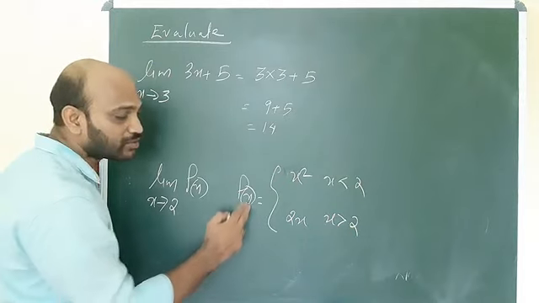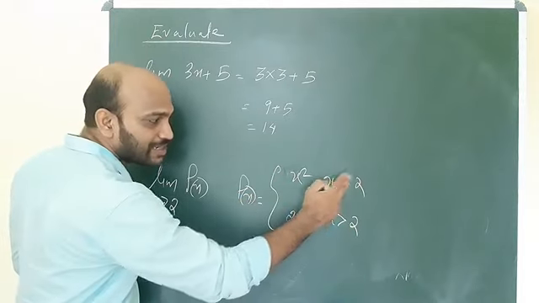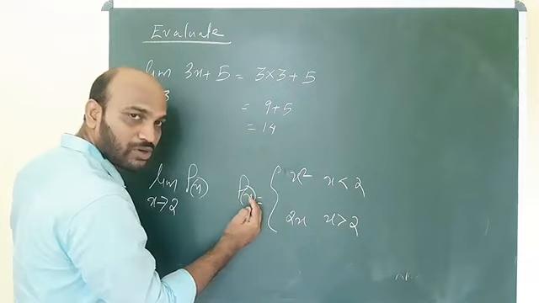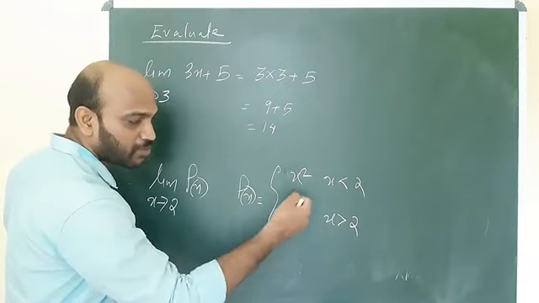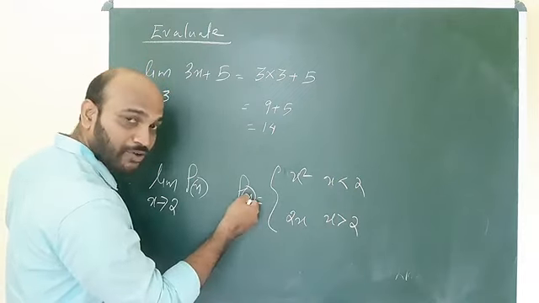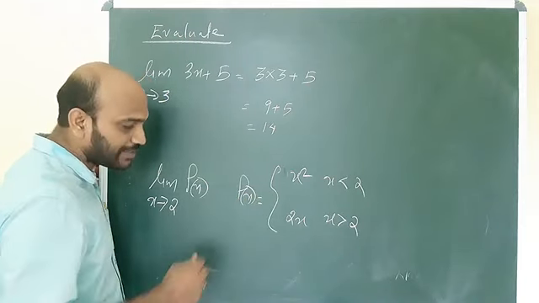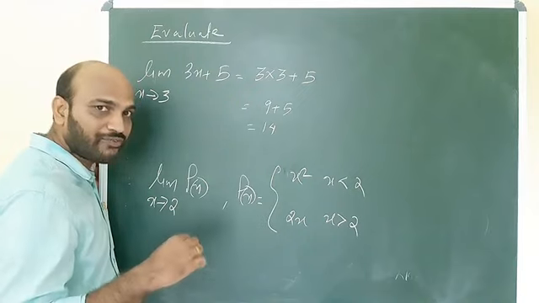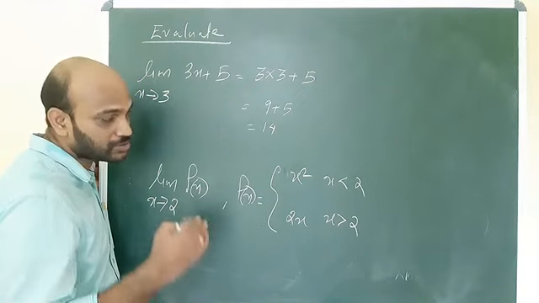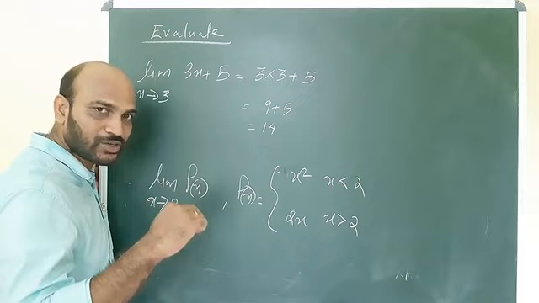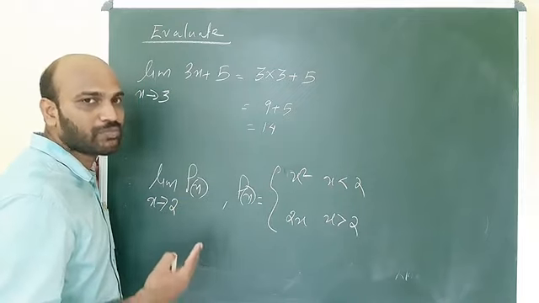Here, the function is having two values. When x is less than 2, we have f of x equal to x square. When x is more than 2, we have f of x equal to 2x. Okay, so in this case, we have to find both the left hand limit and right hand limit, because 2 minus means x is less than 2, 2 plus means x is more than 2.